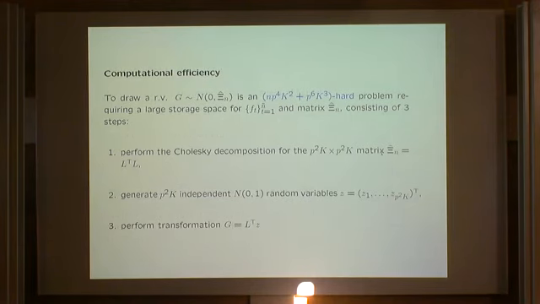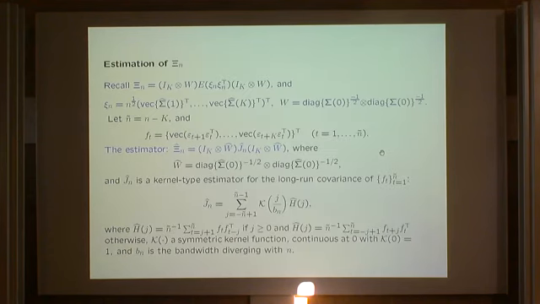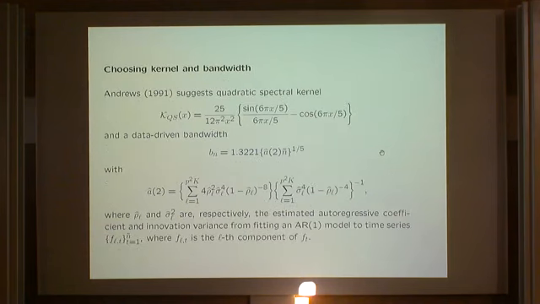Computational issue. Let's look at this matrix. It looks very complicated, because this is, as I said, a capital K times the p matrix. In order to generate a normal distribution with variance of this, you need to store this information in the computer, and it's costly.